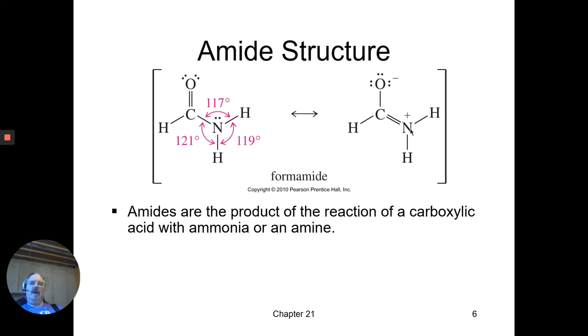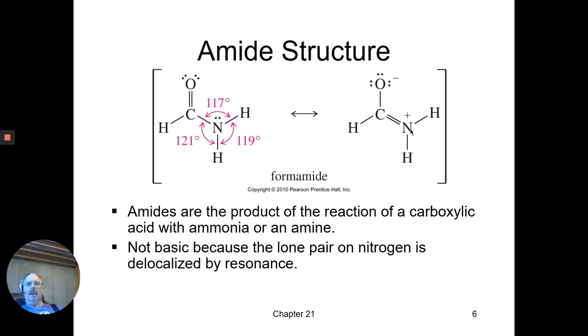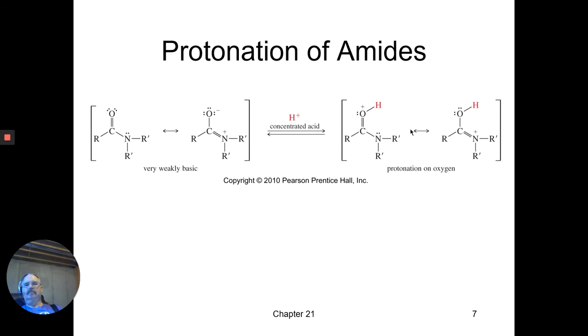Amides can be thought of as a product of the reaction of a carboxylic acid with ammonia or an amine. They're not basic because the lone pair on the nitrogen is delocalized by resonance. The CN bond actually has a lot of double bond character. So when we protonate amides, since the nitrogen is not basic, it's actually the oxygen that picks up the proton.